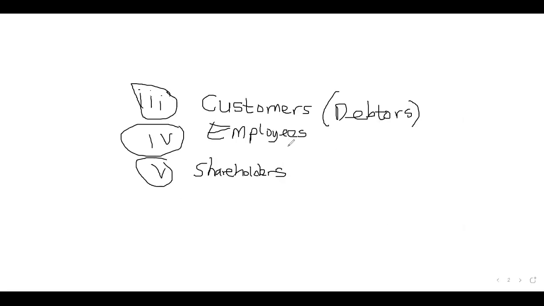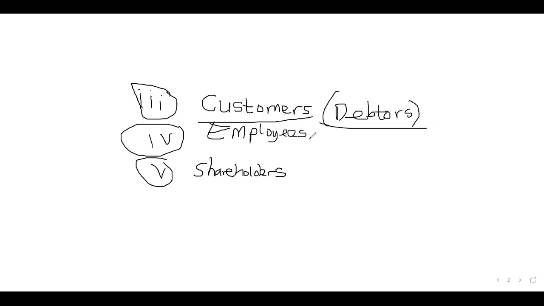Customers or debtors are called customers. Employees need to find out if they are going to be getting paid. You can't get a job in a company where you know that they're not making any profit, because you may not be given your salary at the end of the month.